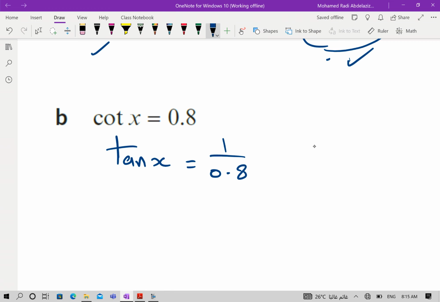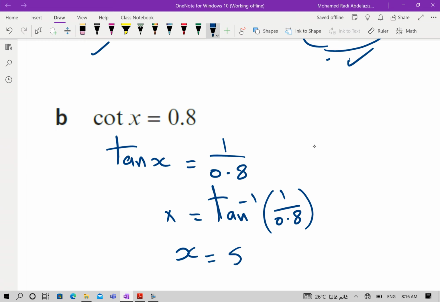You can simplify, you write your answer as a fraction, as a decimal, simplified. This will be tan x simplified, or directly no need, just to find the basic angle. X equals tan minus 1 of 1 over 0.8. What is the value? 51.34.